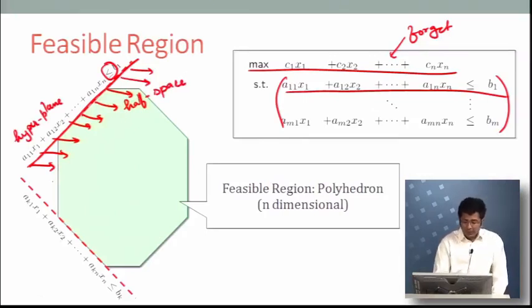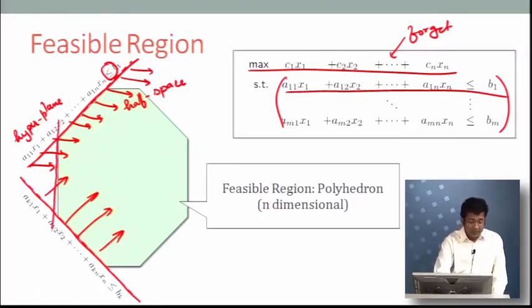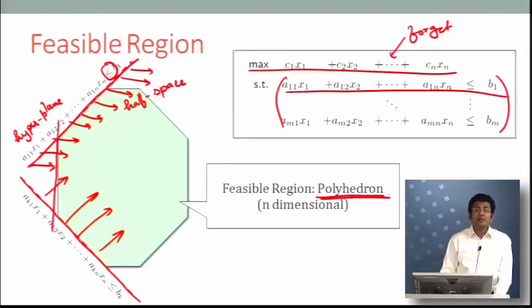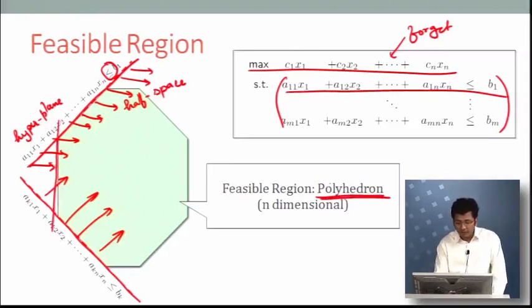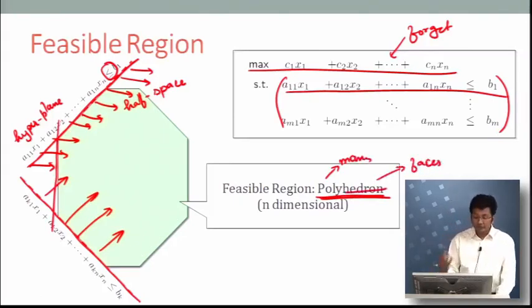Likewise, every constraint ak1x1 plus ak2x2 up to akn xn gives rise to another half space. Overall, you have a region that's bounded by half spaces, and the name for this in mathematics is a polyhedron. Poly means many, and hedron means faces, as in the faces of a geometric solid.